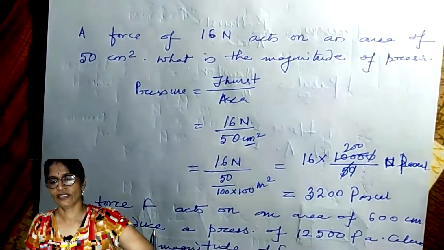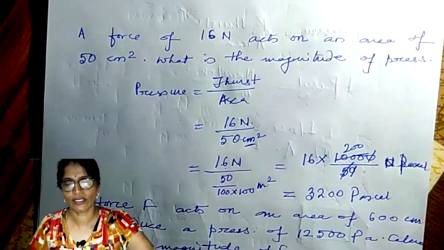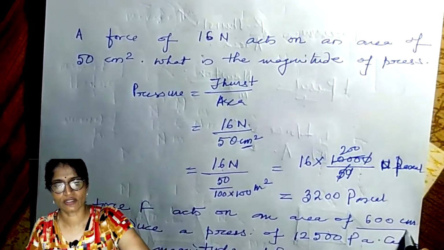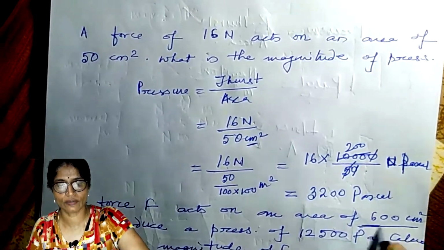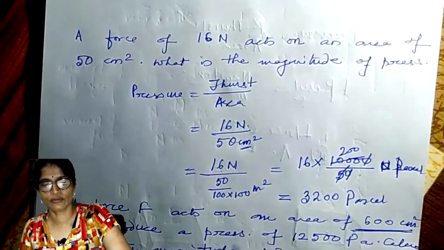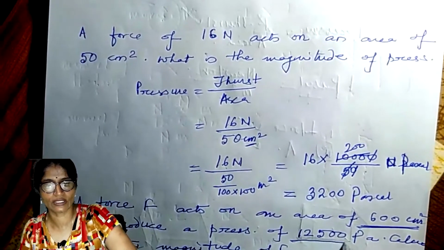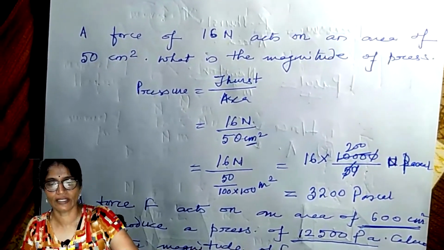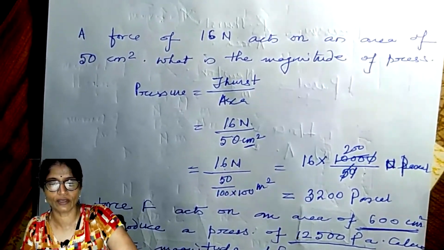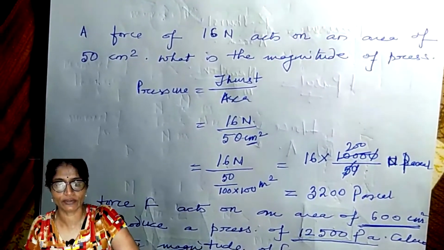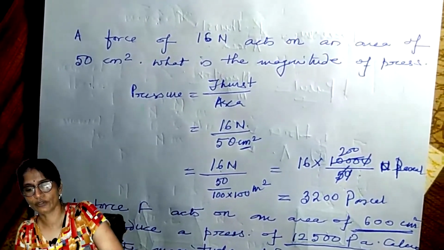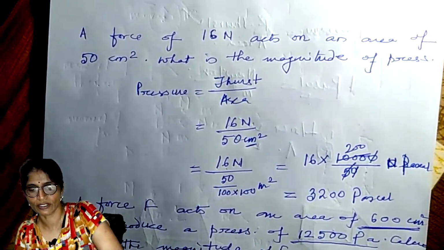Okay. Next one is, a force F acts on an area of 600 centimeter square, and produces a pressure of 12,500 Pascal. Then calculate the magnitude of the force. We know that pressure is equal to force by area.